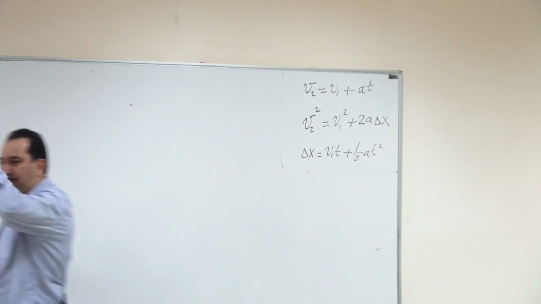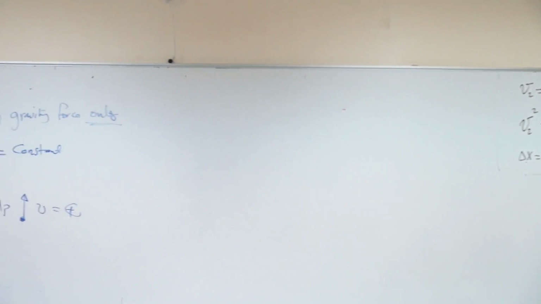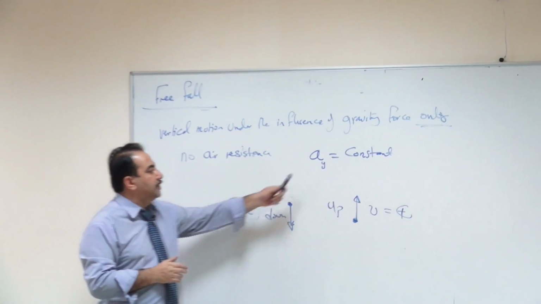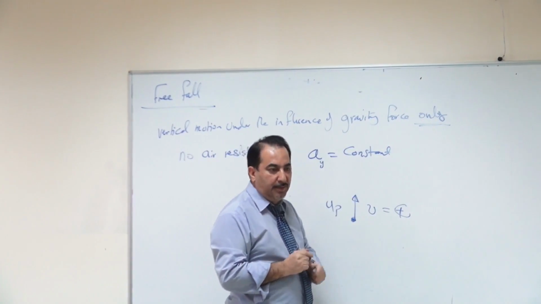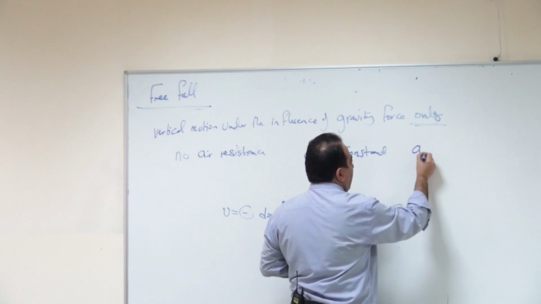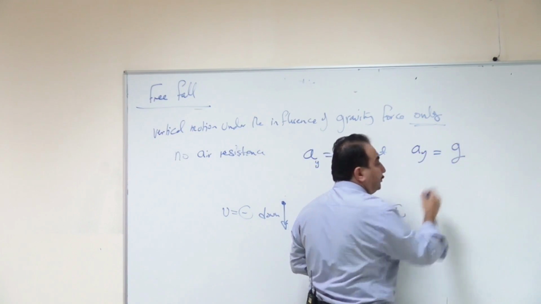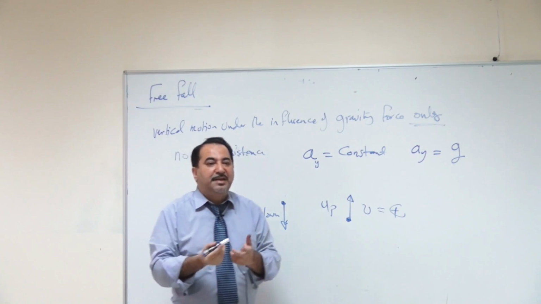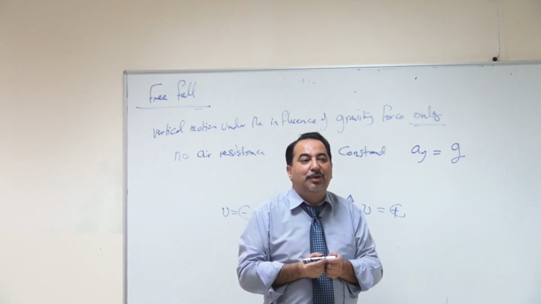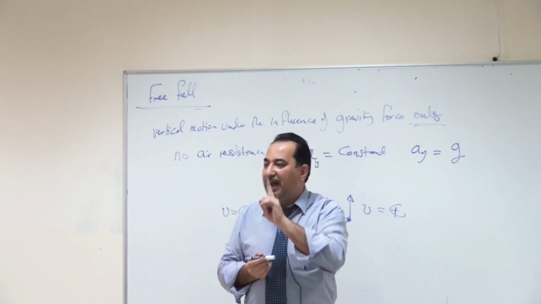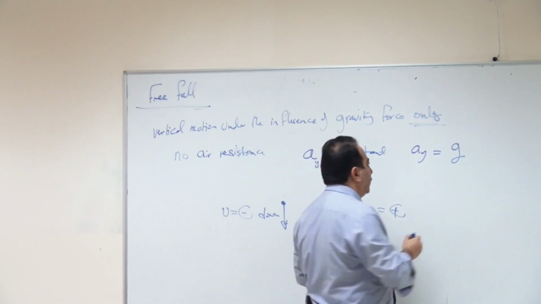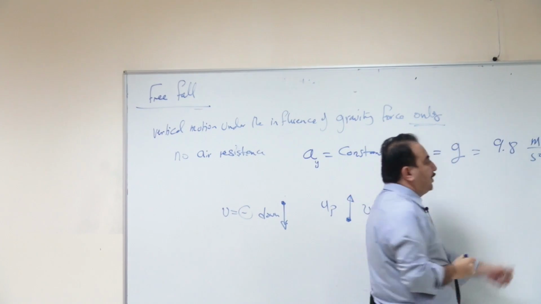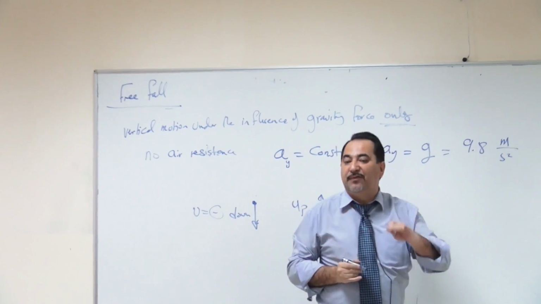But here my motion is up and down, so when I say v, I mean vy, initial or final. Acceleration: you said it's constant. So this constant acceleration, ay, I'll change it and call it g, not ay. And because you said it's constant, it has one value. What's the value? Meters per second squared. But this is the acceleration at sea level.